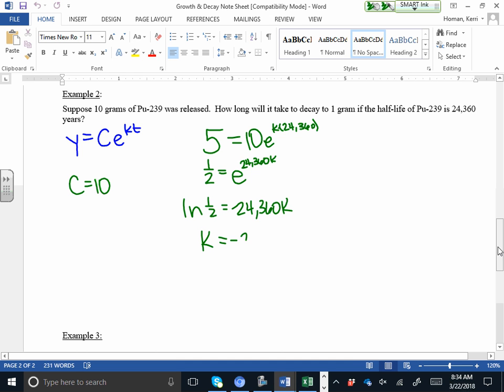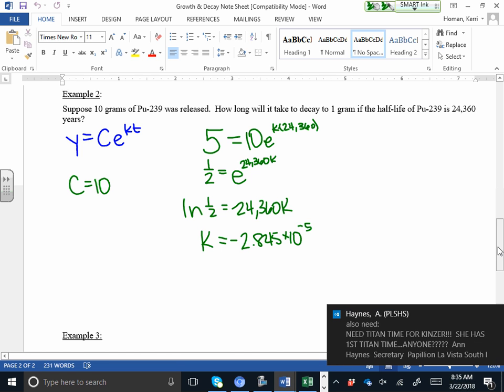Okay, so you get like negative 2.845 times 10 to the negative 5th, right? You know what I would do? I would store that in your calculator, which is very easy for you to do. Okay? I'm going to write it down, but you know what I'm going to do? This is what I'm going to do.